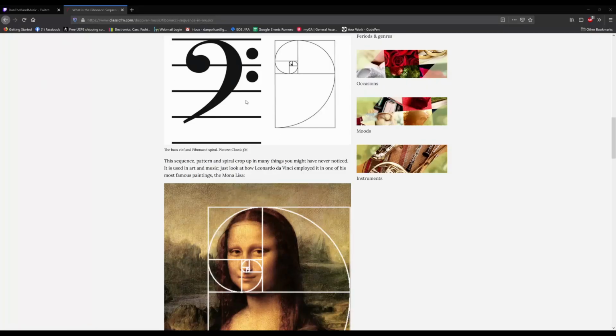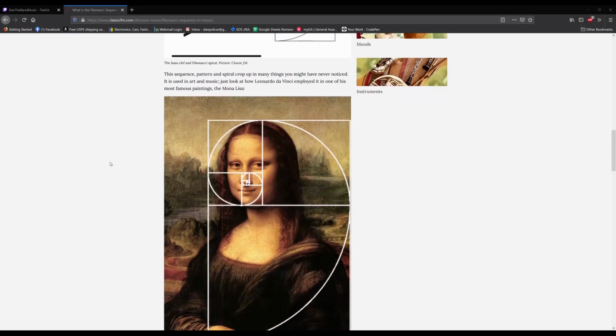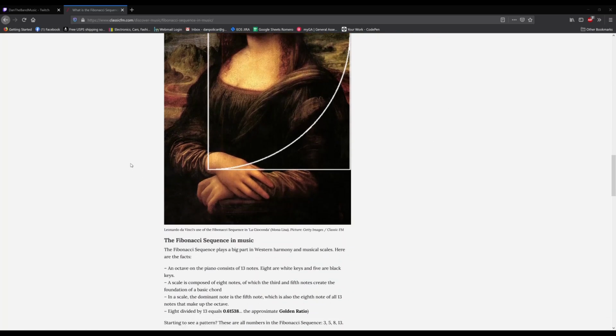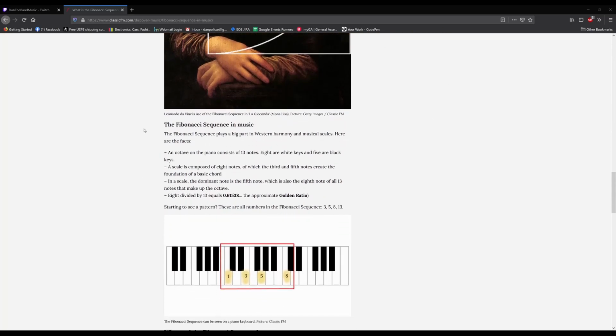The golden ratio is 1.618, the divine proportion. Let me share this with you guys. I have no idea what I'm talking about, other than that I learned it in music school. Leonardo da Vinci. Okay, yes, the Fibonacci sequence in music. 8 divided by 13 equals... Oh my god.